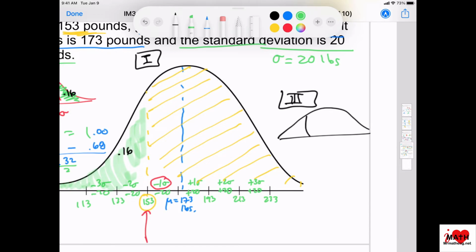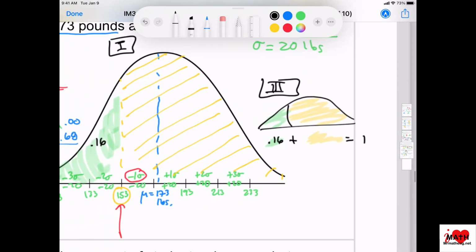So I have the green plus the yellow. So green plus the yellow equals 1, right? And the green we said was 0.16. And we're trying to find out what the yellow is. Let's call it x.